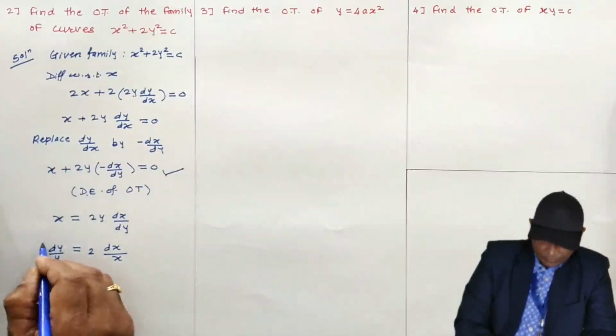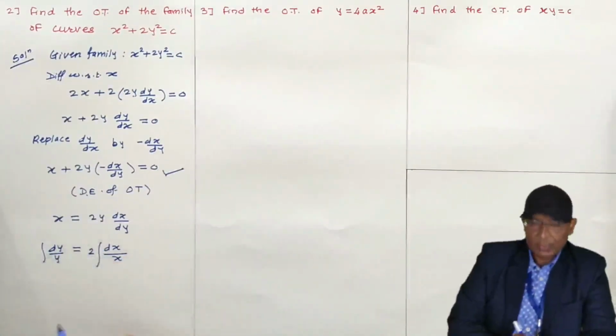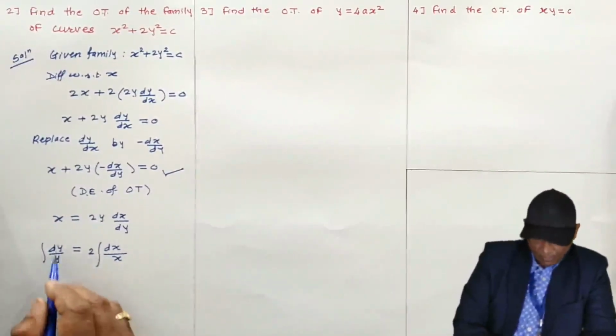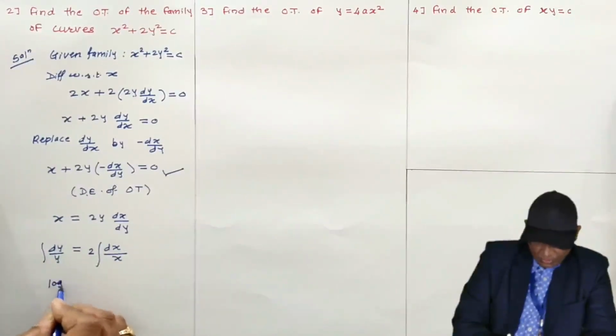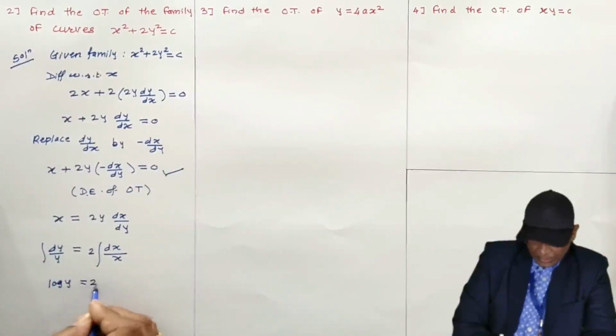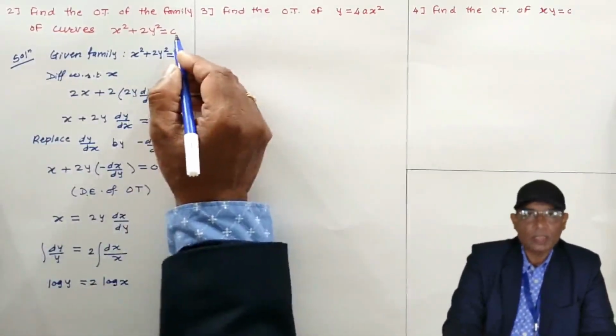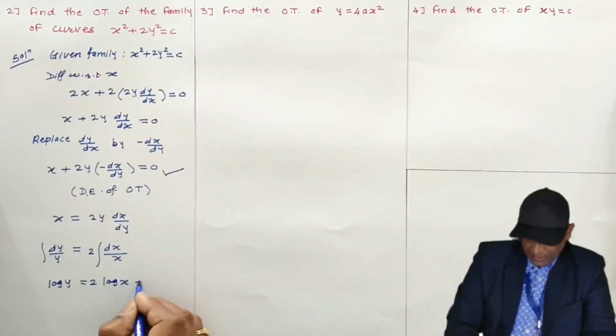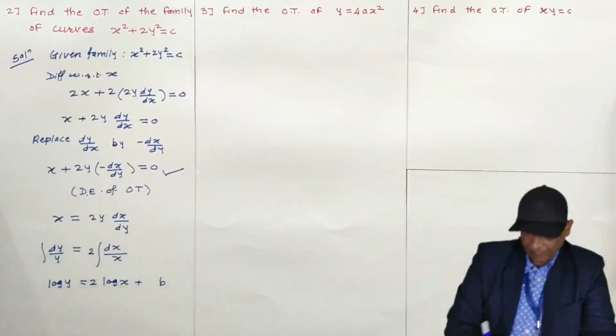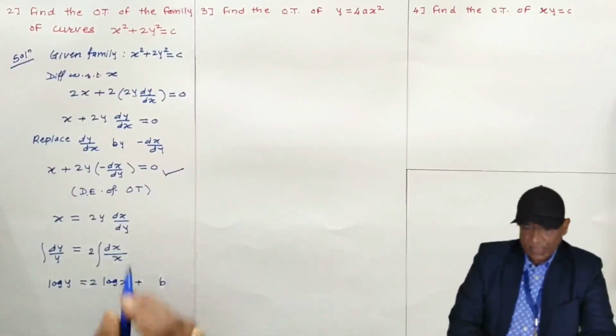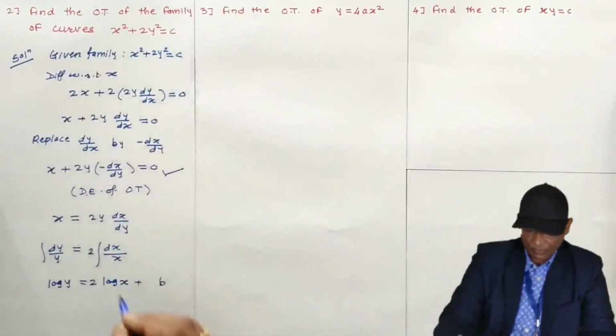Now, after separation of variables, take integration in the same step. Integration of 1 by y is log y. Integration of 1 by x is log x. Plus the integration constant; c is already exhausted here, so I am putting p here. Integration constant p. So this is the orthogonal trajectory of this curve.